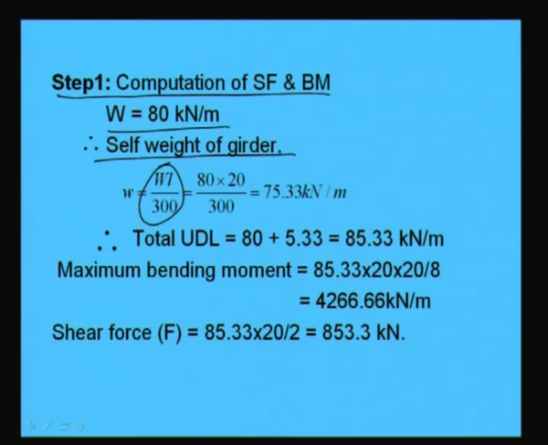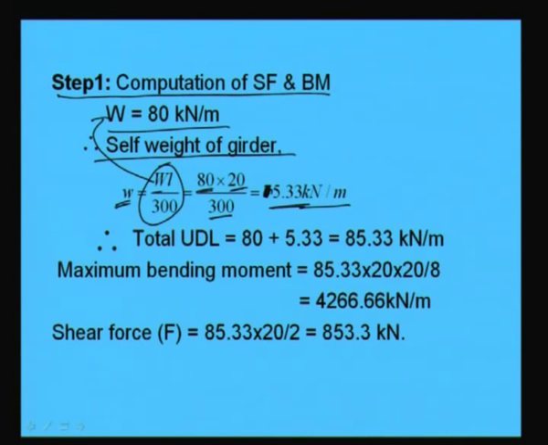There we have shown that the self weight of the girder will become WL by 300, where this capital W is the external load. So, W is 80 and L is 20, by 300. So, this is becoming 5.33 kilonewton per meter.